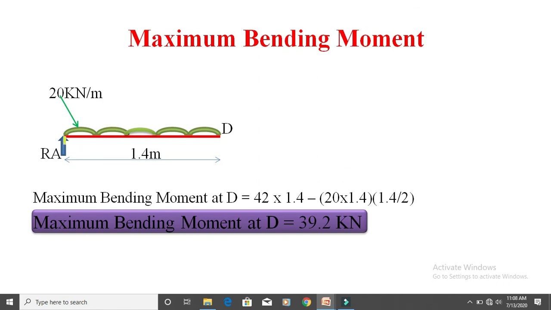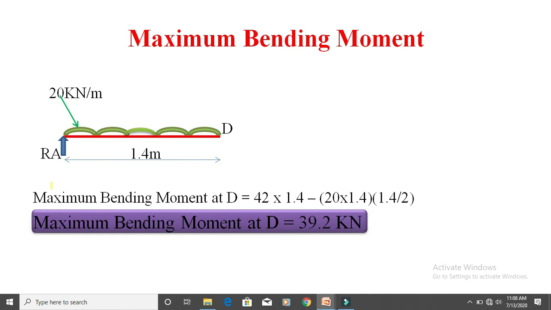This figure is drawn up to A to D because here we consider the bending moment of D, so we are only drawing A to D. There is no need to draw the full figure. You should draw only up to the point you have to calculate, with the minimum number of forces available.